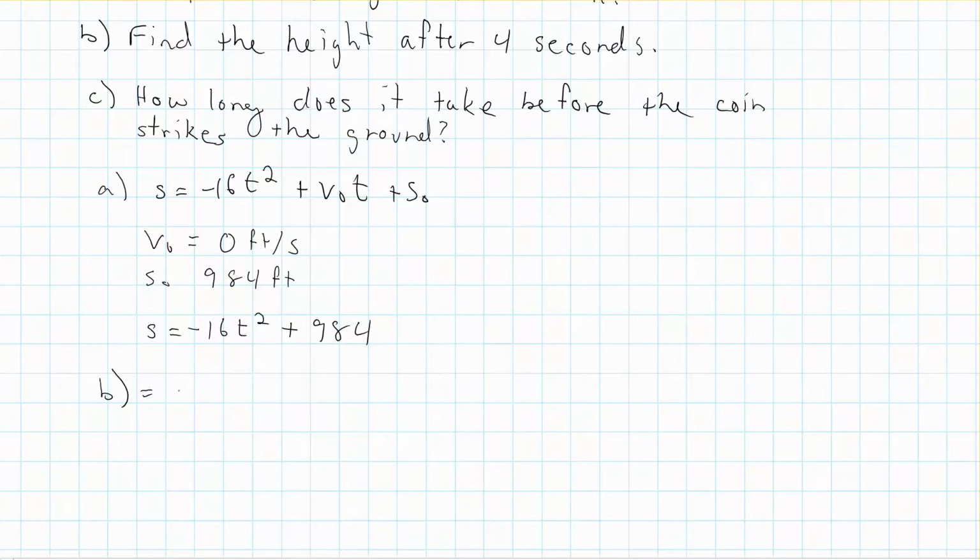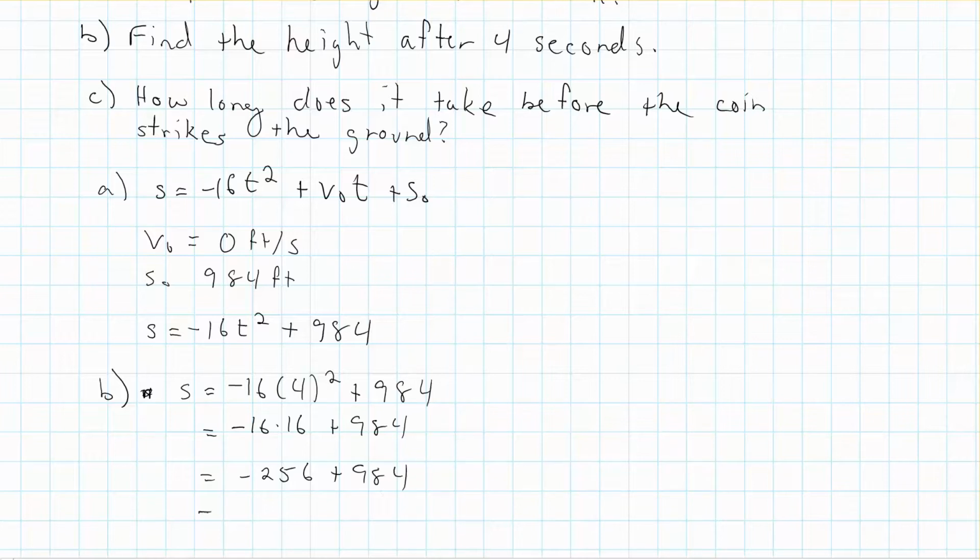So after 4 seconds here, we just plug in 4. So s is equal to negative 16 times 4 squared plus 984, which would be negative 16 times 16 plus 984, negative 256 plus 984, which would be 728. And again, you want to put units on it, so it'd be 728 feet.